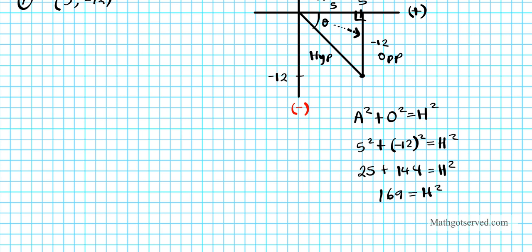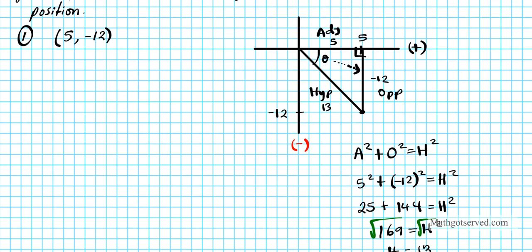Now to get h by itself, we take the square root of both sides, and then we have h equals 13. So our hypotenuse is 13. Now to finish this problem off, we're just going to use SOHCAHTOA and its reciprocals to figure out all six trig ratios.